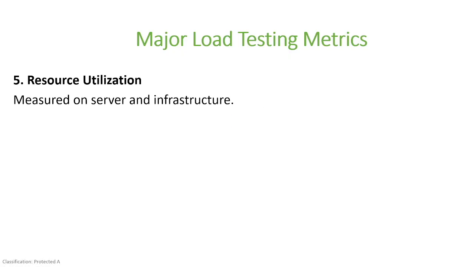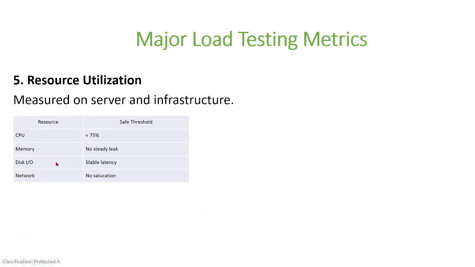Resource utilization is measured on the server and infrastructure. Resource safe threshold: CPU less than 75%, memory, and disk I/O, network.